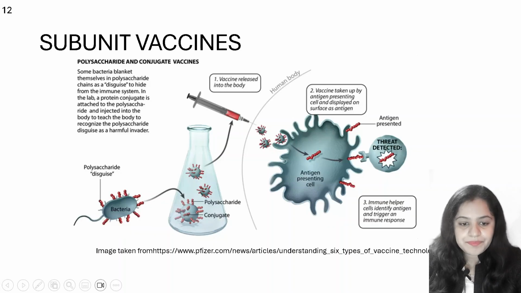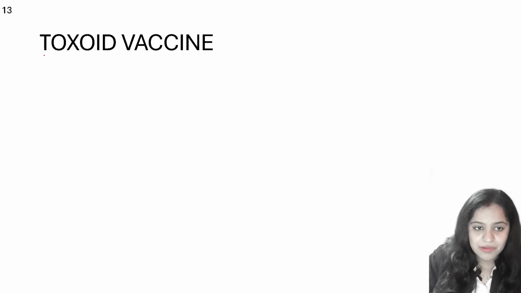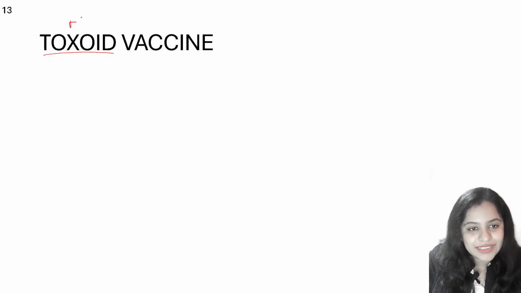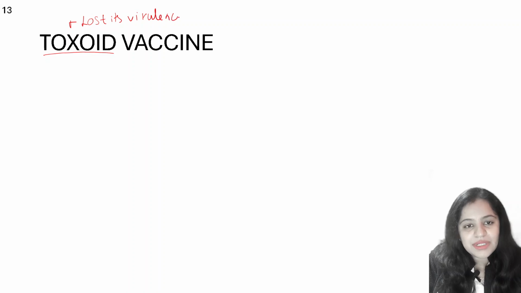Okay. Now let's see the toxoid vaccine. What is toxoid? Toxoid is a form of toxin which has lost its virulence, but somehow it has still maintained its immunogenicity.